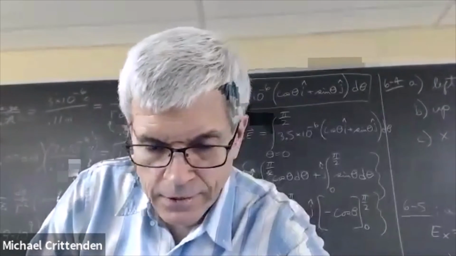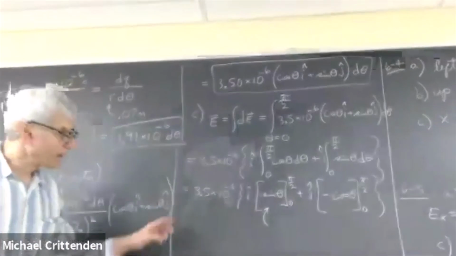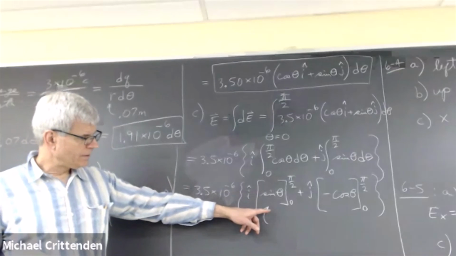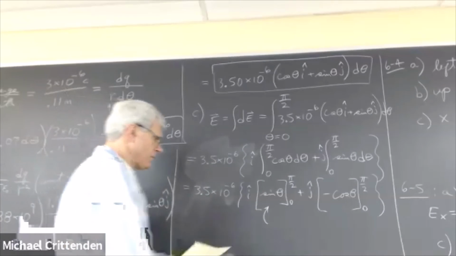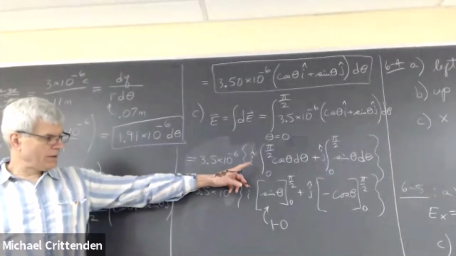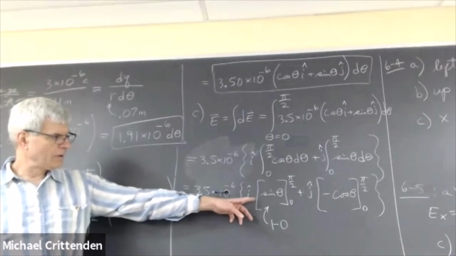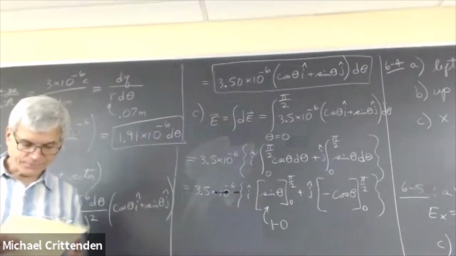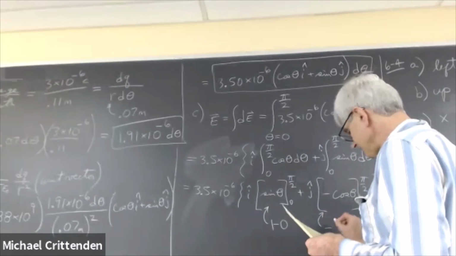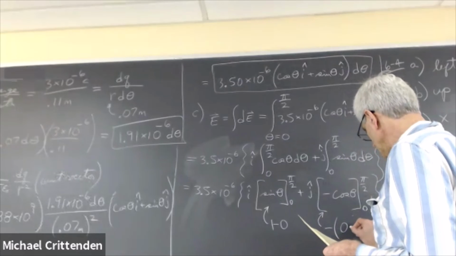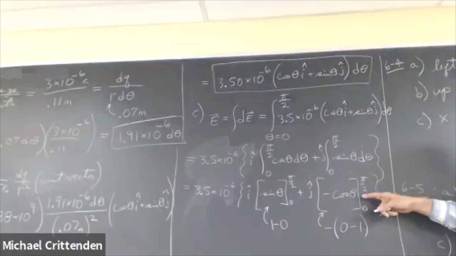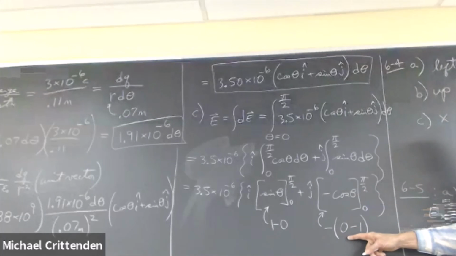Sine of 90 degrees is 1. Sine of 0 degrees is 0. So when you evaluate this at the upper and lower limits, 1 minus 0, this is equal to 1. For the y term, cosine of 90 degrees is 0.